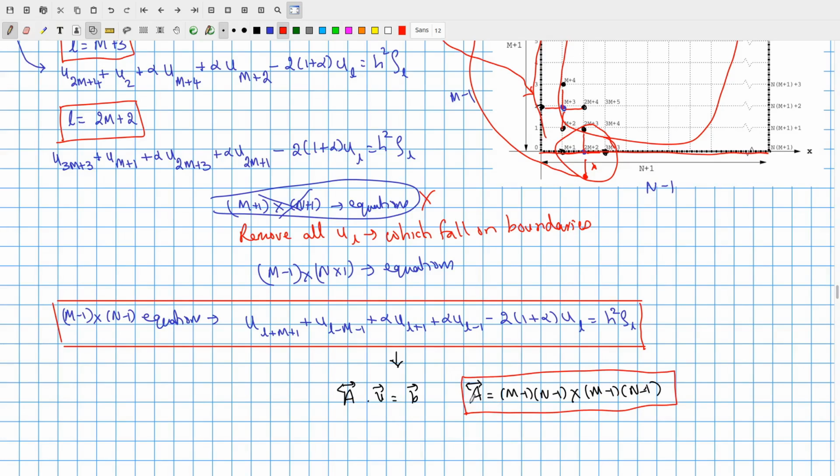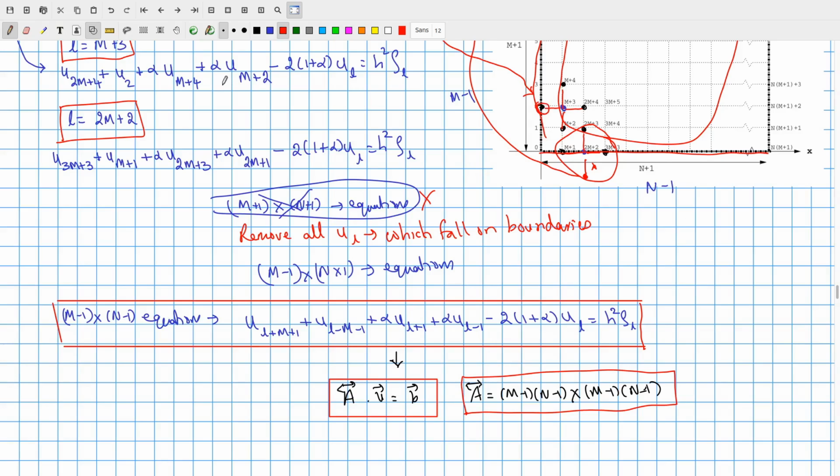Before we go into how we are going to handle this matrix, let us carefully look at this equation. One thing I forgot to tell you: if you remember when I wrote this equation here, when L equals m plus 3, one point will be the boundary point, which is not an unknown, which is a known quantity.